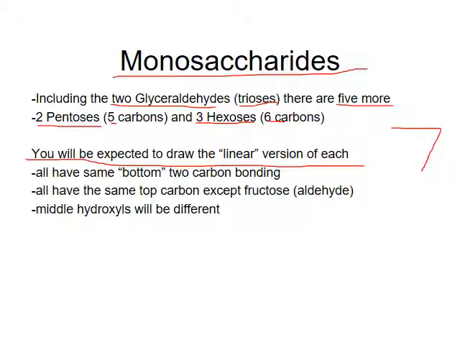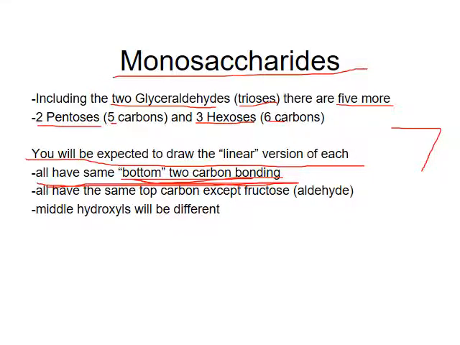Now, that may sound a little intimidating, but if you pay attention, just like I said before, you look for the similarities and then you go for the differences. So the similarities between all 7 of these, including the glyceraldehydes that we just showed, is they all have the same bottoms.